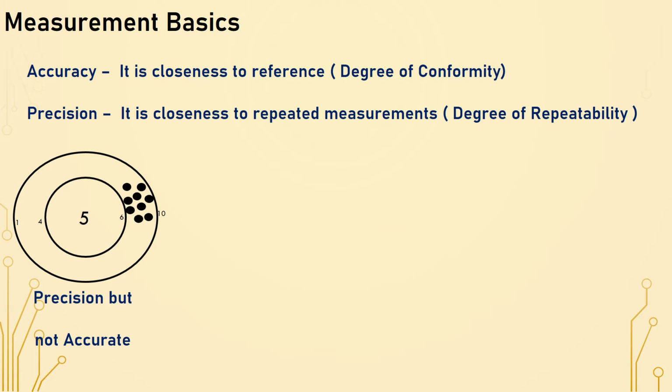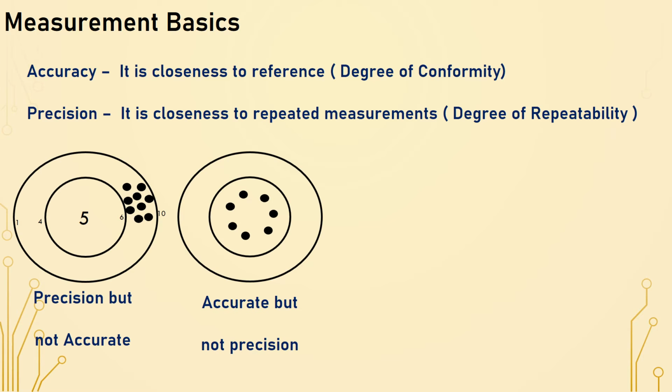That means the values between the measurements are nearby. This is precision, but it is not accurate because the true value is far away from the actual readings. The readings are not near the standard value, but the variation between measurements is very less, so it is precise but not accurate.